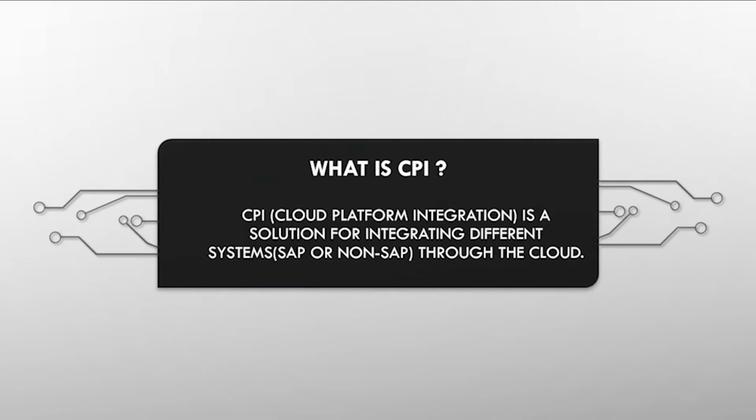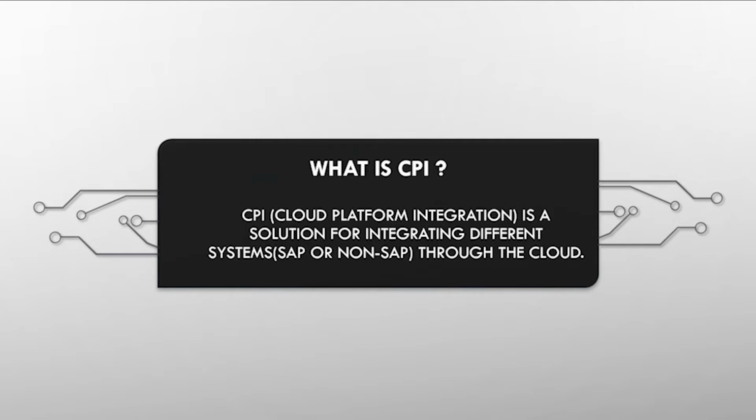Cloud platform integration is a solution for integrating different systems, whether SAP or non-SAP, cloud or on-premise. It is an integration solution which integrates two different kinds or the same kind of systems.